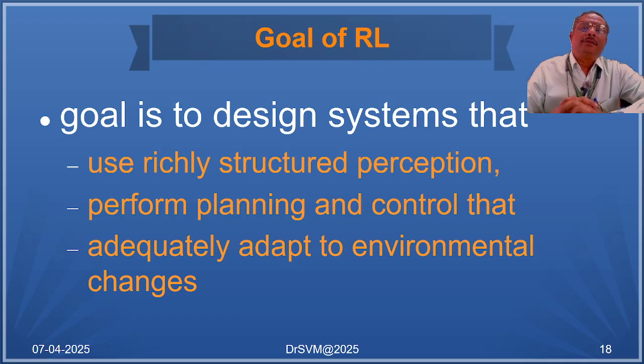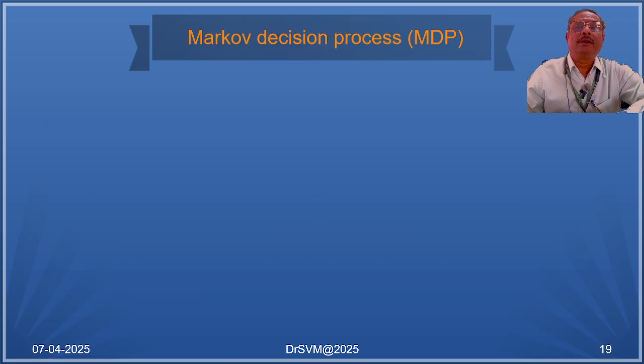So the perception, whatever we have, the agent is perceiving the environment, and this perception is used to perform planning and control that adequately adapt to the environmental changes. So that's the goal of reinforcement learning.